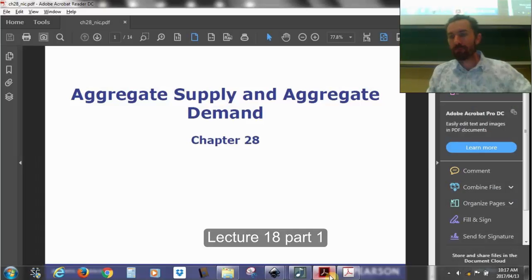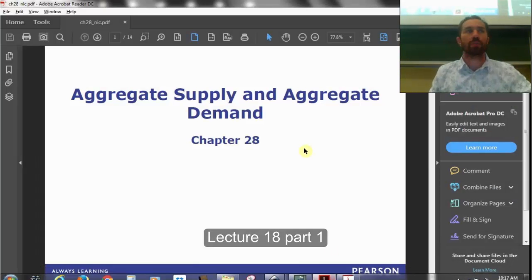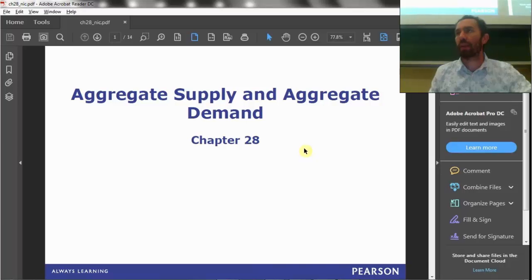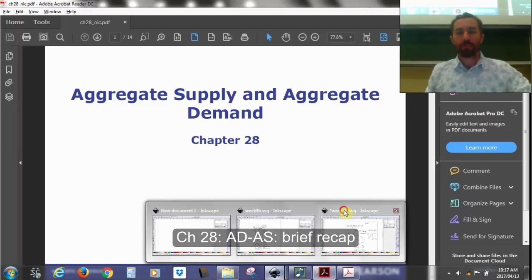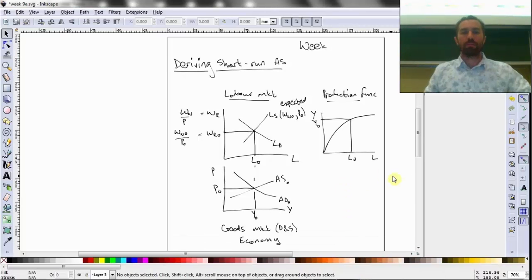So yesterday, we finished off chapter 8, which is about aggregate supply and aggregate demand. We had derived the short-run aggregate supply curve as an upward sloping relationship.